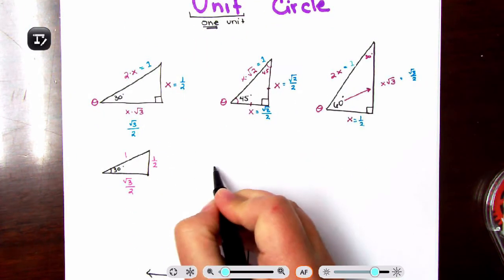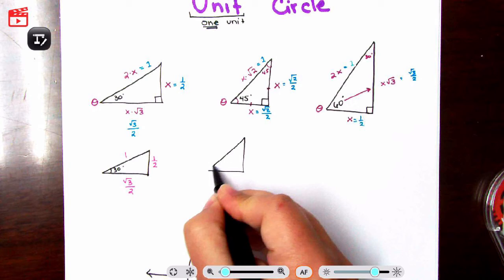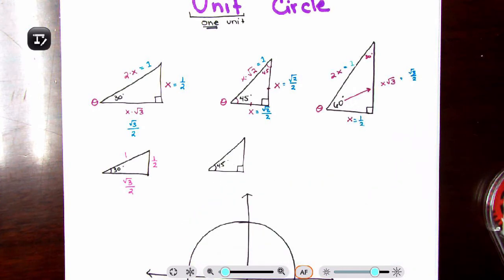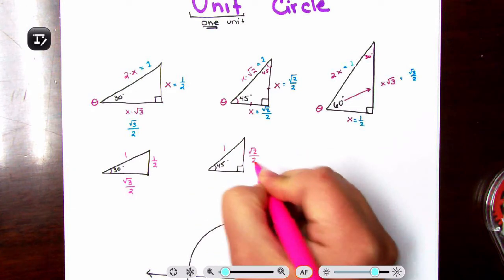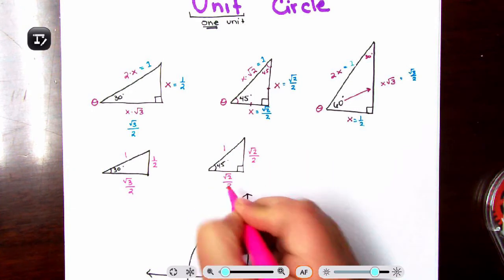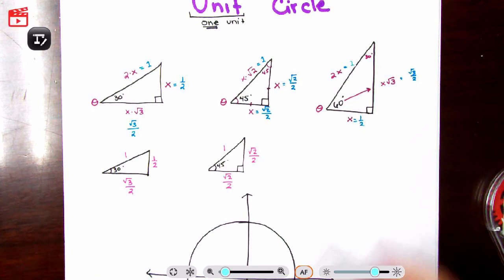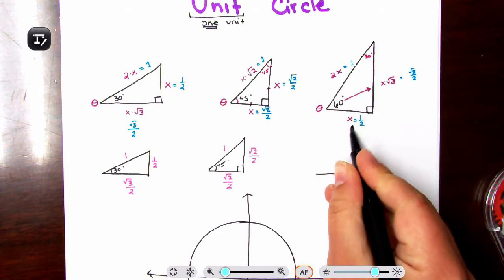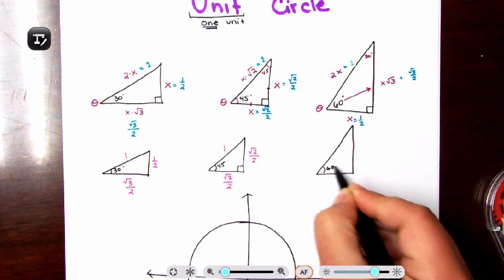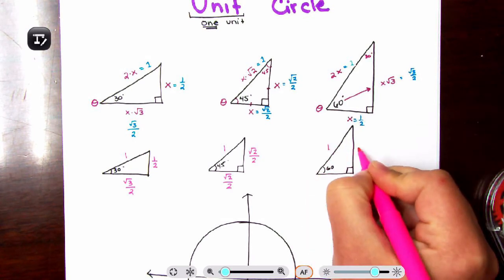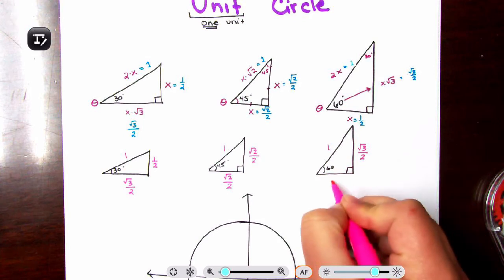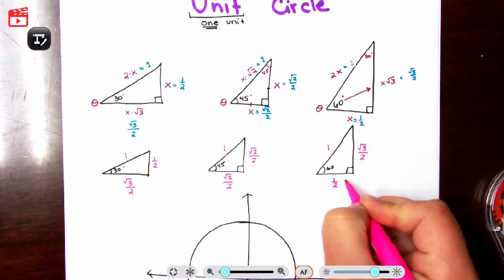For our 45, 45, 90 triangle, we have a hypotenuse of 1. Our leg is root 2 divided by 2, and our other leg is root 2 divided by 2. And for our 60-degree triangle, our hypotenuse is still 1. We have root 3 divided by 2 and 1/2 here.